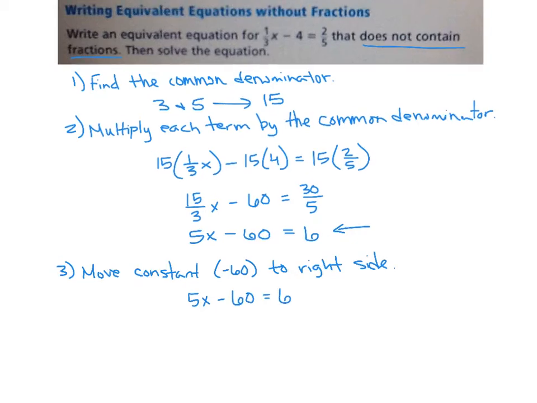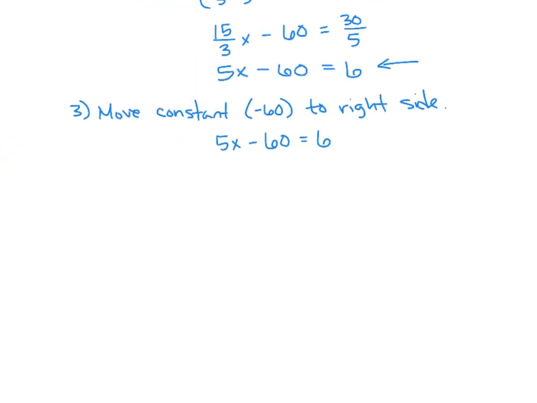We know to move negative 60 from the left to the right side, we have to do the opposite, so we have to add it. So these cancel, and we get 5x equals 66. And then you know how to do this part. You just simply divide by 5.